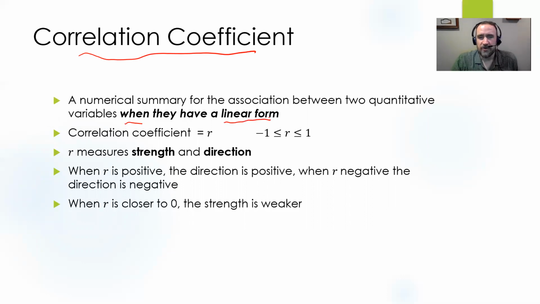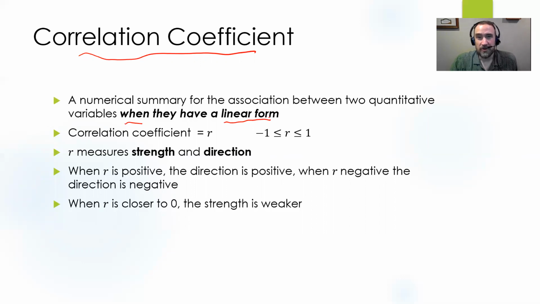I'm going to highlight this for us. The correlation coefficient does not give us any meaningful information if our data does not have a linear form. So if we have some curved data or other kinds of nonlinear things going on in our data, a correlation coefficient is not the appropriate measure to take. And in fact, it can be misleading.